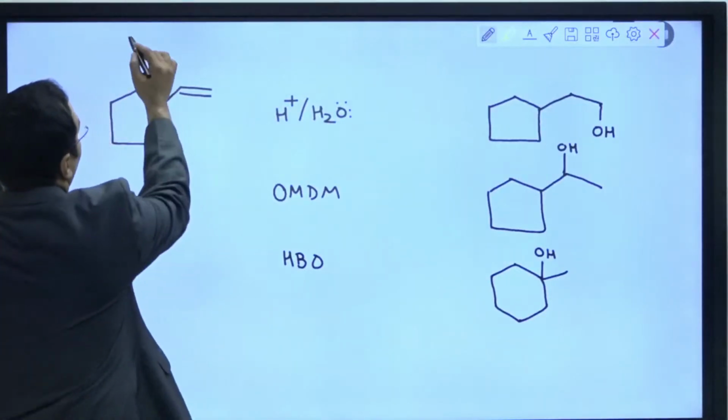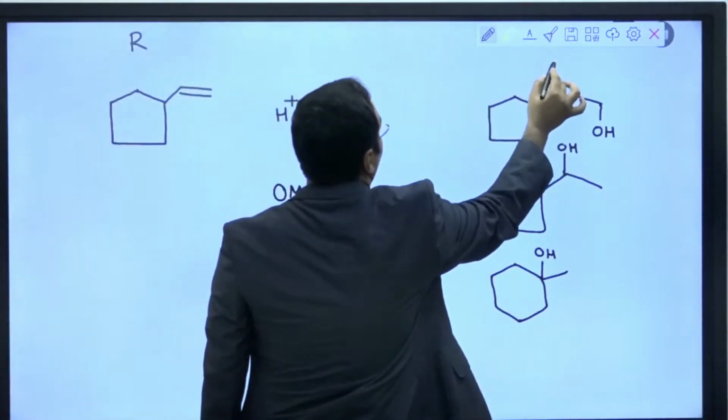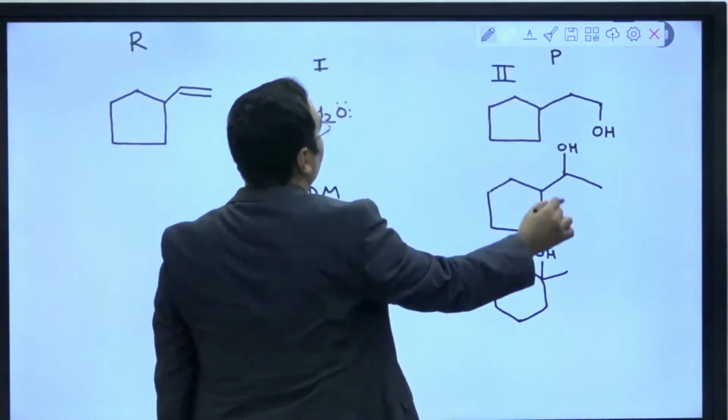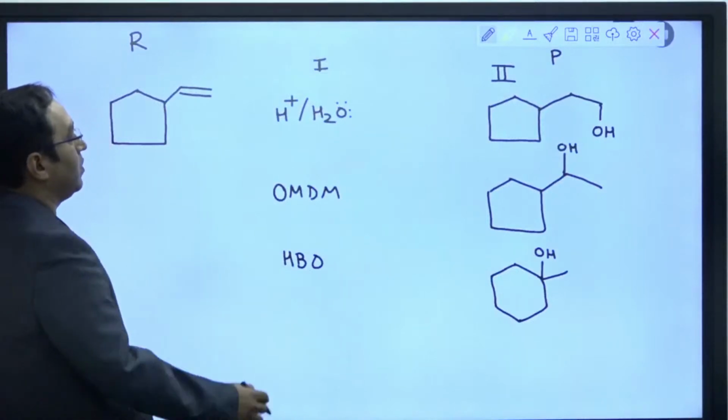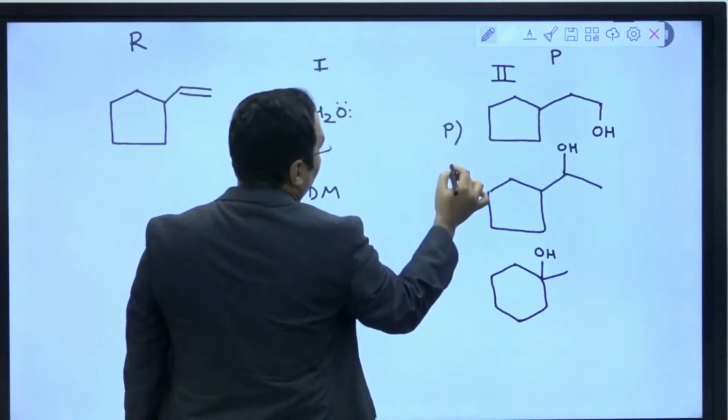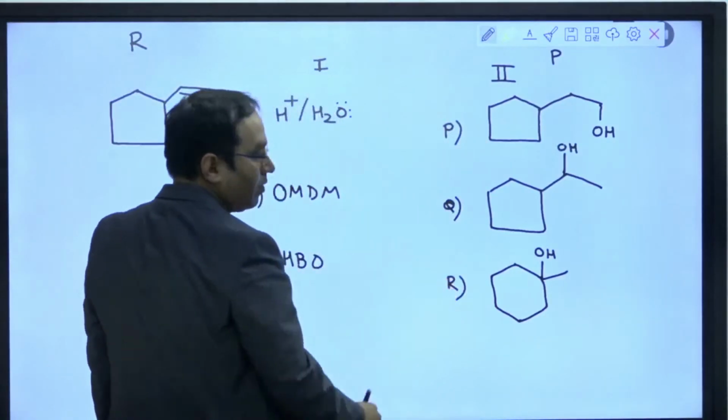This is the reactant. These are the product. This is column 1 and this is column 2. You have to match 1 and 2. So let me call it A, B, C, P, Q and R. Match.